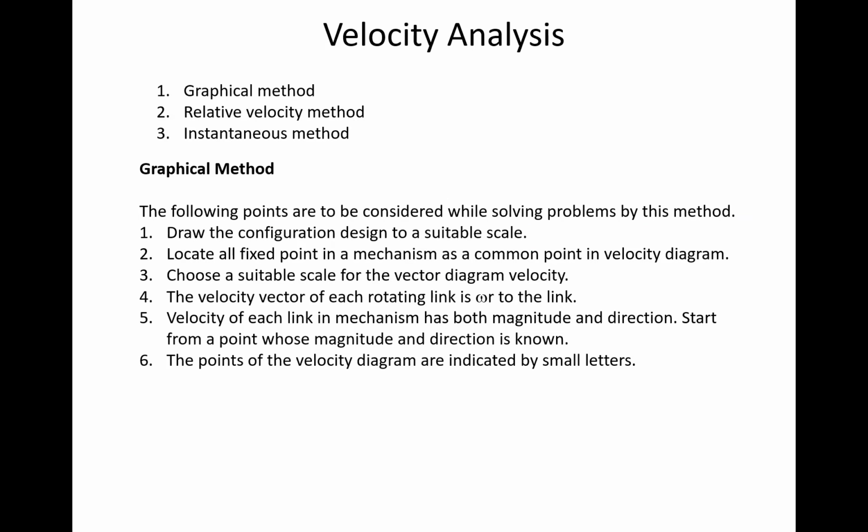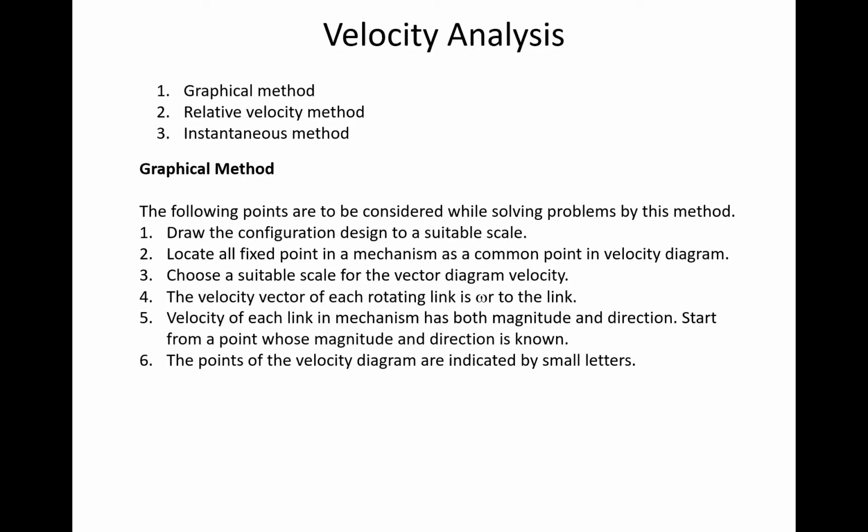First we will draw the actual configuration diagram as per the given dimensions or given data. Then we can plot all the velocity components, which are tangential to motion. The initial velocity of that link we can calculate by taking the speed of that particular link using the equation v is equal to r omega.